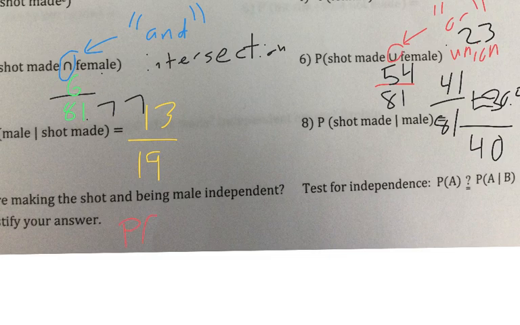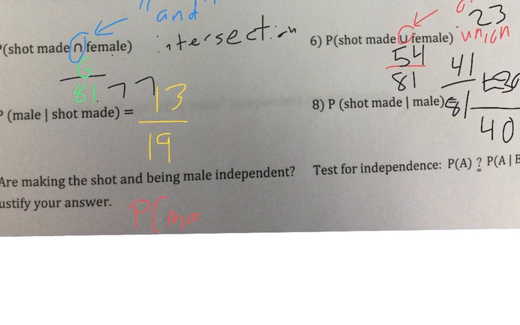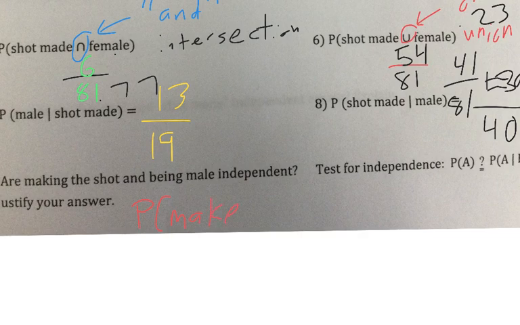It doesn't matter which, so let's find the probability of making the shot. The probability of making the shot would be 19 out of 81, which is 0.23.